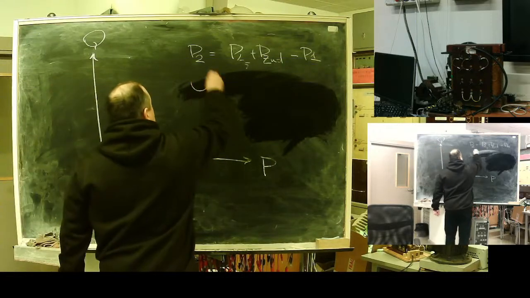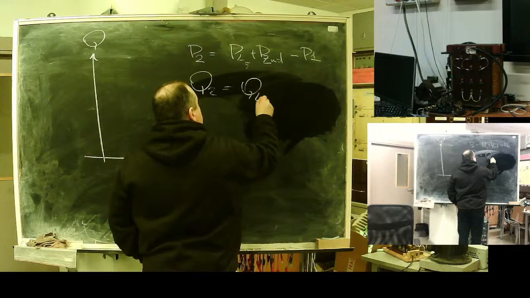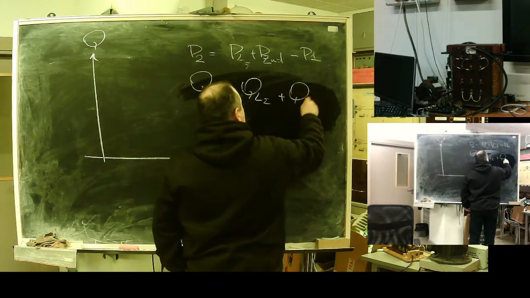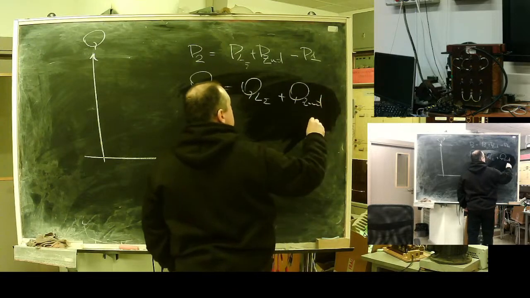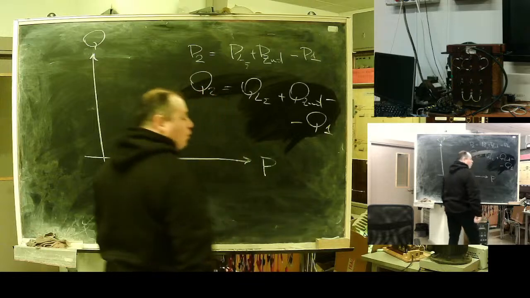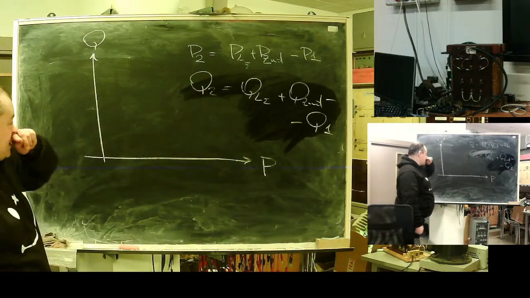Same thing with the reactive power. All load plus all we need in the network minus the first, or in general the sum of all other machines.